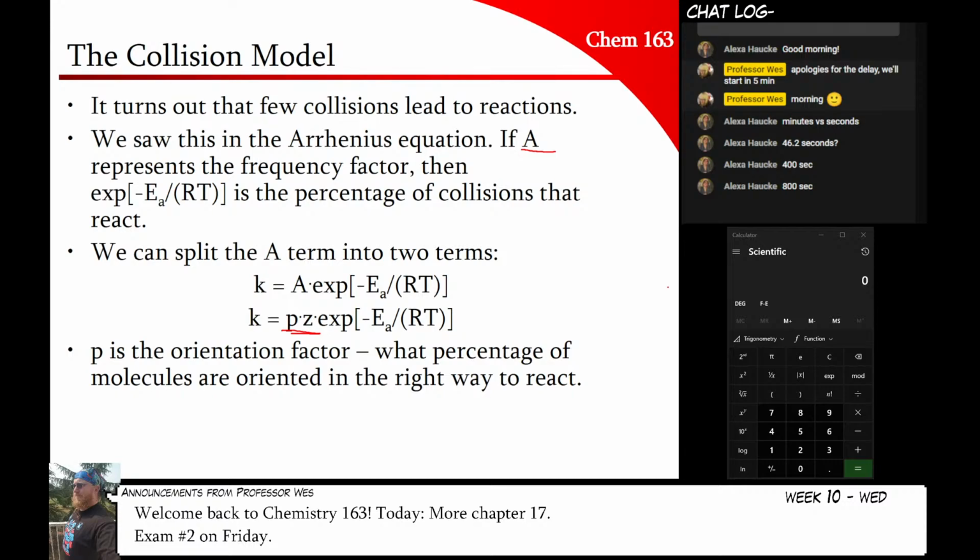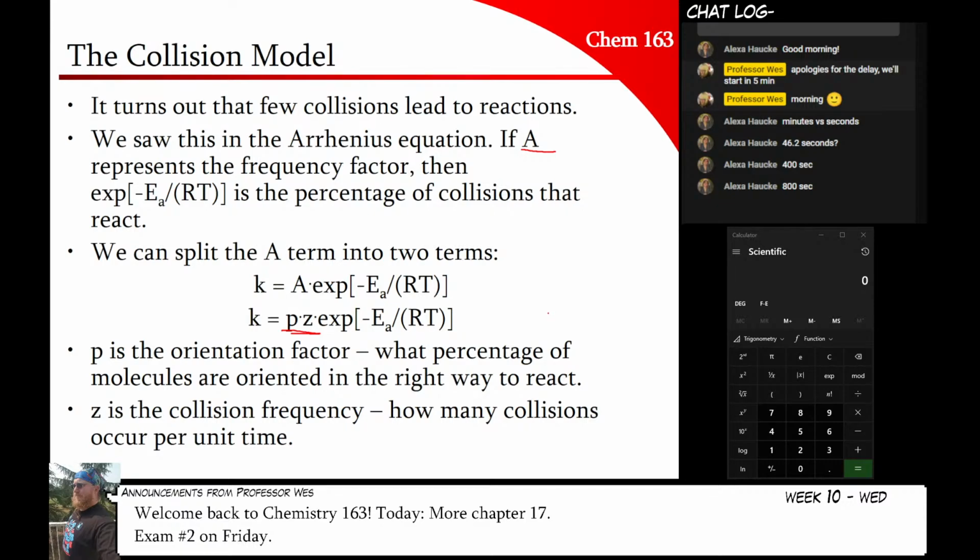P is the percentage of molecules that are oriented in the correct way to cause a reaction. We're going to show a picture of that in a second. Z is just a raw number of how many molecules collide with each other. So if I multiply the total number of collisions by a percentage of the number of collisions that actually react, I get the frequency factor.